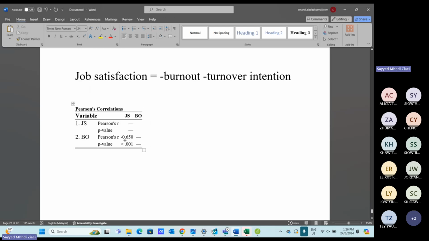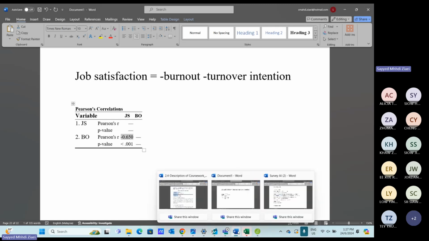The Pearson value is minus 0.65, which is based on our expectation, because we already have this impression by default: there is a negative relationship between burnout and job satisfaction.